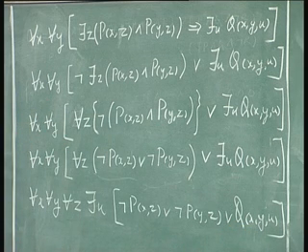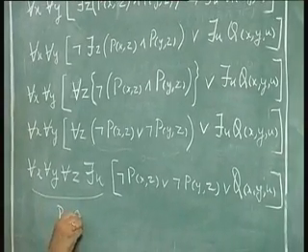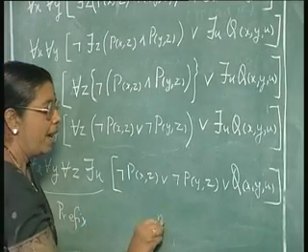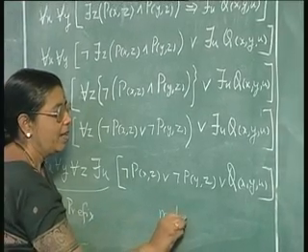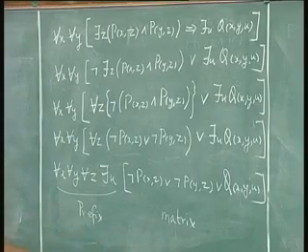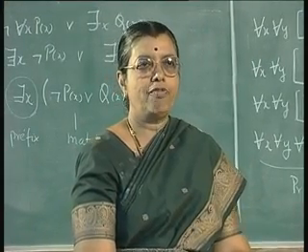So, we have brought the given formula into Prenex normal form. This is the prefix which contains all the quantifiers, and this is the matrix portion which does not contain any quantifiers. Like that we can bring any formula of first order logic into Prenex normal form.